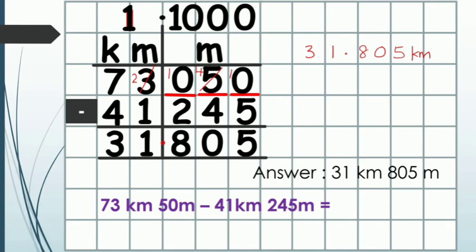When we write with the decimal point, we will get the answer in the biggest unit. Without a decimal point, we will get the answer in the small unit, meter, 31,805 meter. So class, when we do the T method, we will get 3 types of answer. We can write the answer in the biggest unit, the smallest unit, and according to the houses.